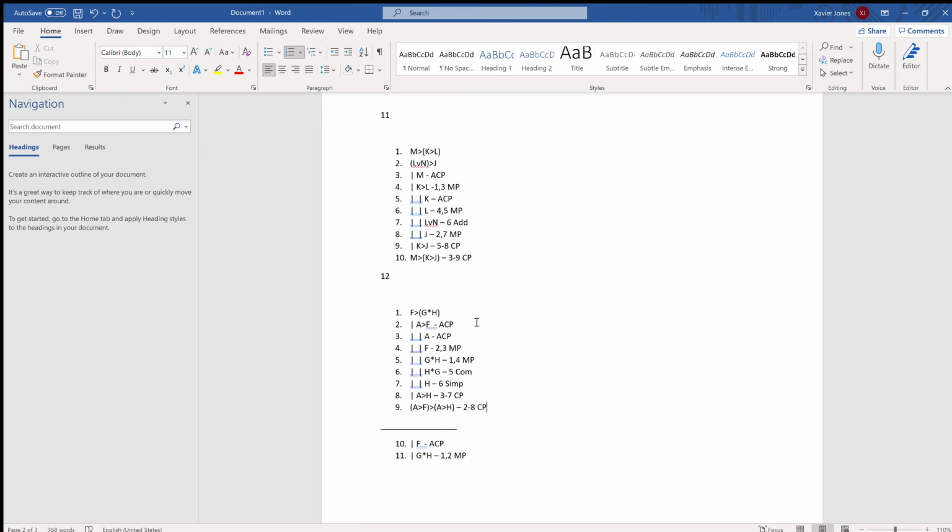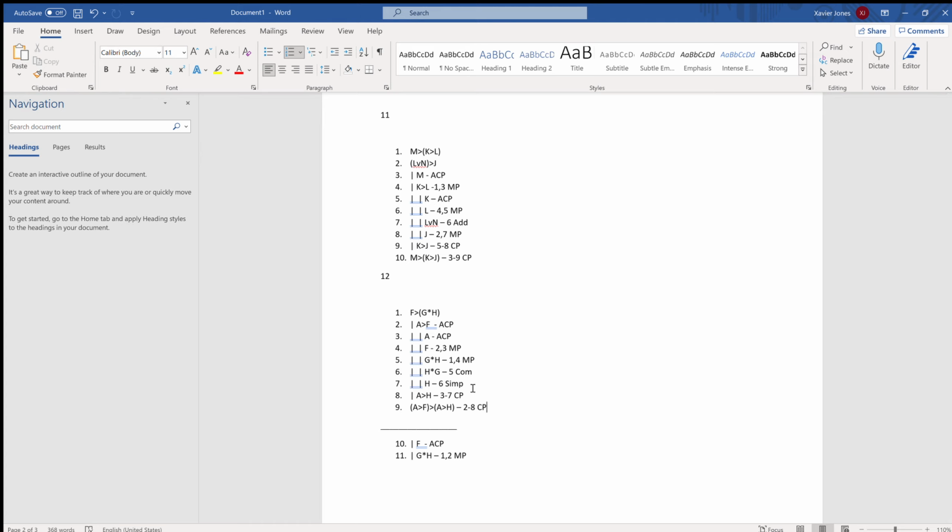Then we can get G and H, because we have F, using lines 1 and 4 modus ponens. Then we can flip them around and get H and G using commutativity of line 5. Then we can simplify that and get just H. So now using lines 3 through 7 conditional proof, we can prove that if A is true, then H is true. So now we have if A, then H.